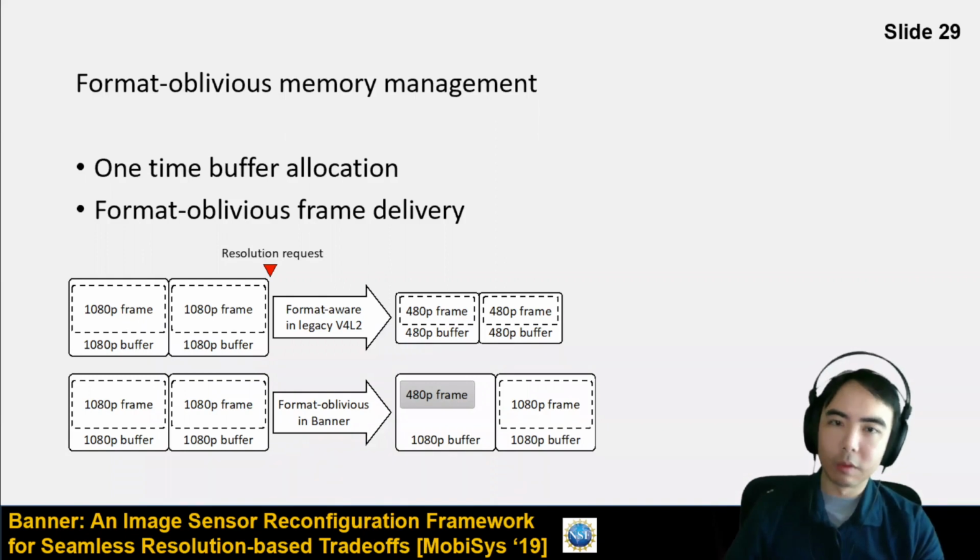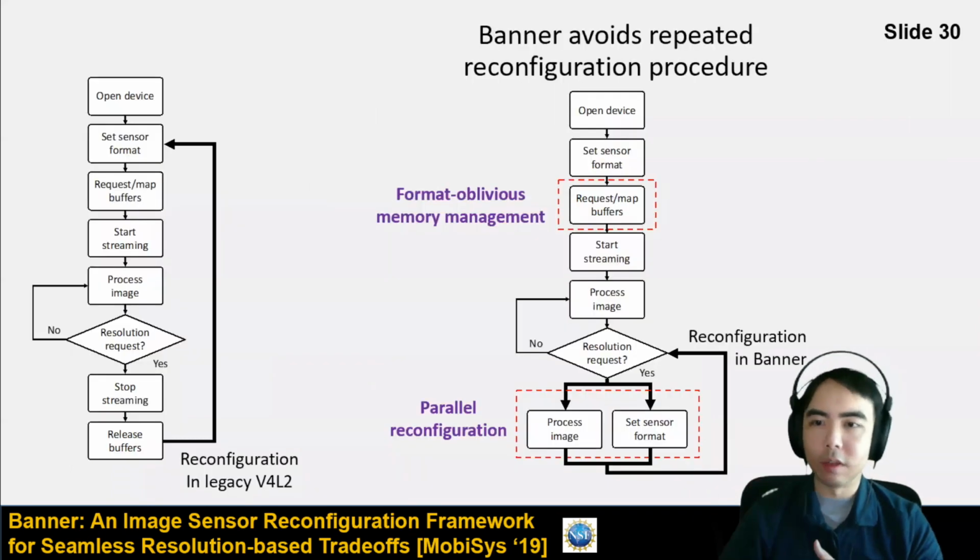So we developed this memory management that is format-oblivious for buffer allocation and for frame delivery, and that allows us to not have to do the mapping and unmapping of buffers every time you need to do a resolution reconfiguration. And so through both of these, we're able to avoid the repeated reconfiguration procedure.